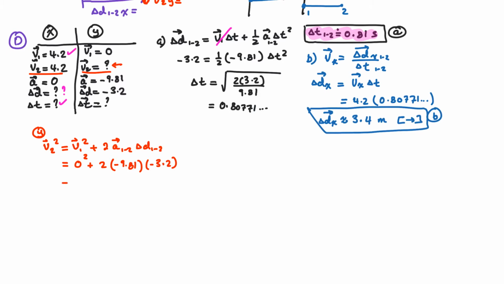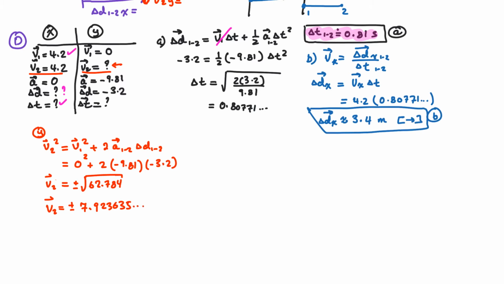Plugging those into my calculator, I will get that initial velocity is equal to plus or minus the square root of, actually I'm skipping a step here, it's going to be 62.784, and then V2 is going to equal plus or minus 7.923635 dot dot dot.